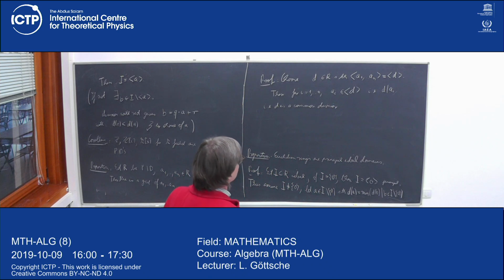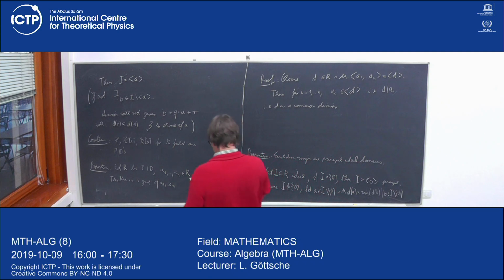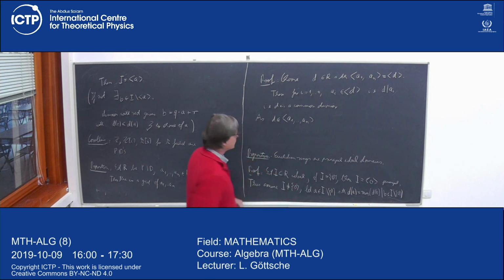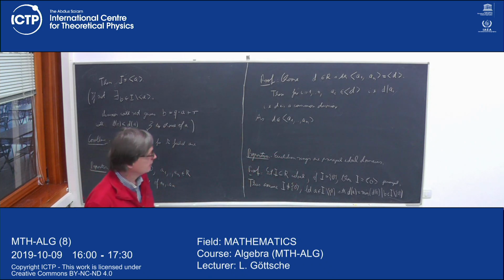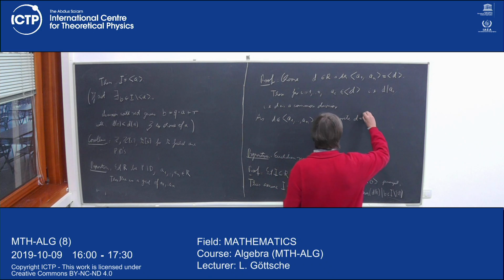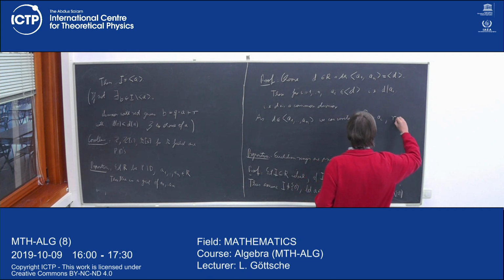On the other hand, as D is an element in the ideal generated by A1 to An, we can write it as a linear combination: D equals the sum for i equals 1 to n of Ri Ai, with Ri some elements in R.